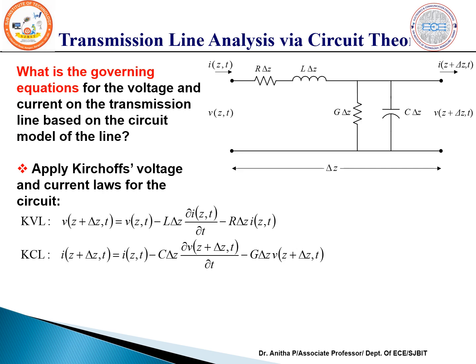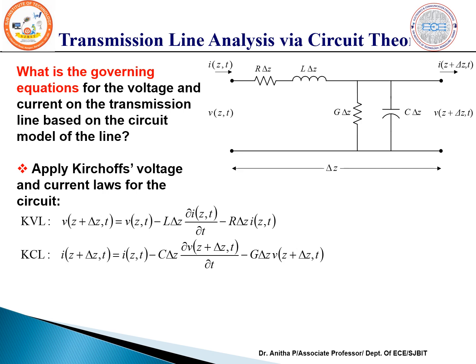Now L is L into delta Z, so the differential current variation, dou I of Z comma T by dou T. Now you apply KVL for this loop. Considering the current flowing in this direction, it develops a drop across each element as minus plus, plus minus. So V of Z comma T, you need to consider minus plus, plus minus, opposite in direction.